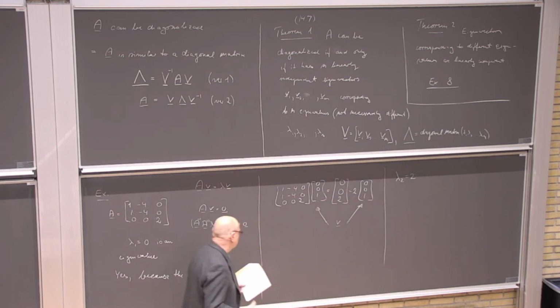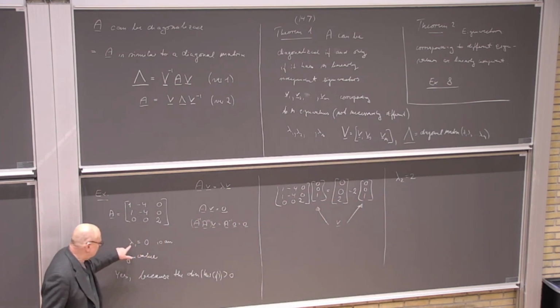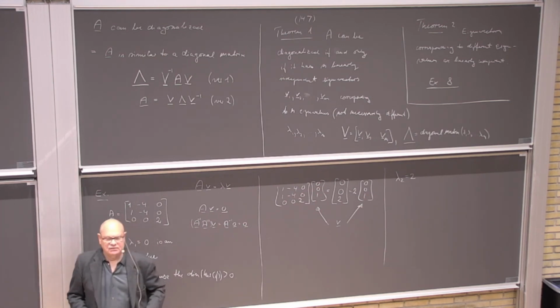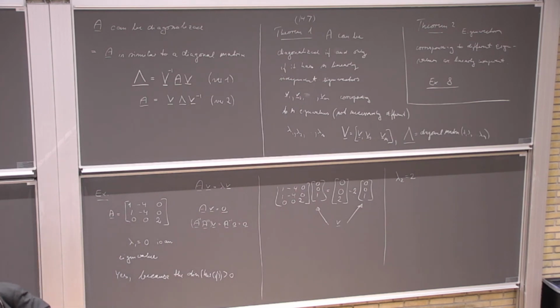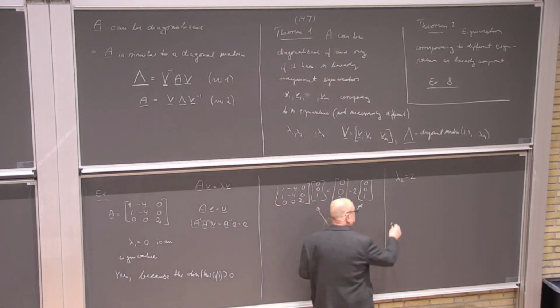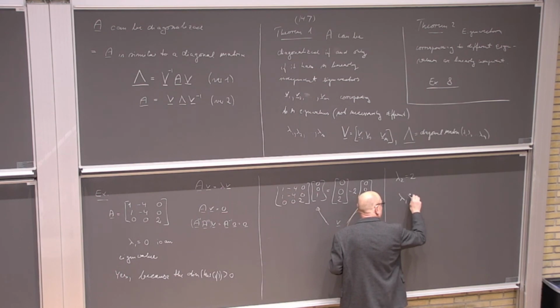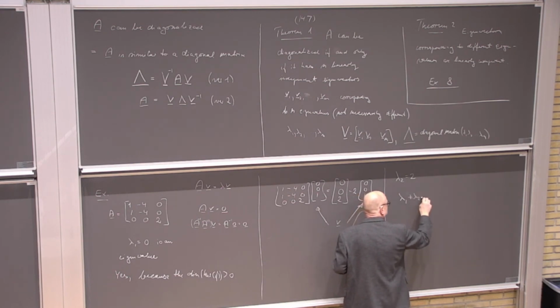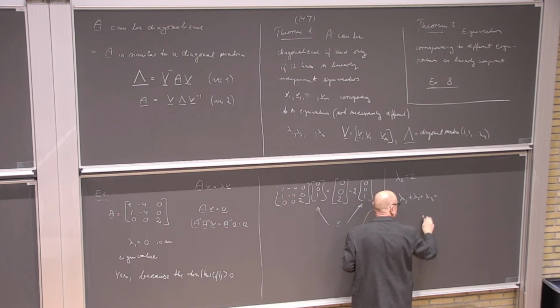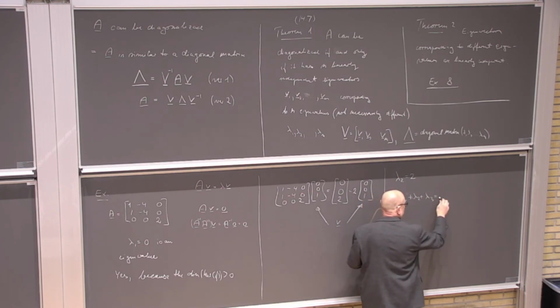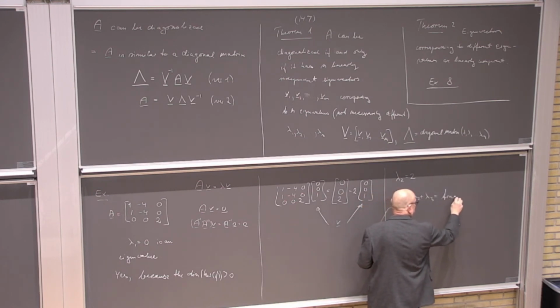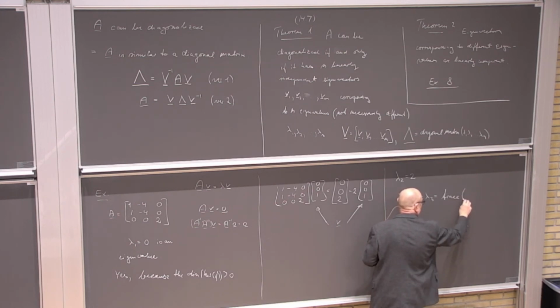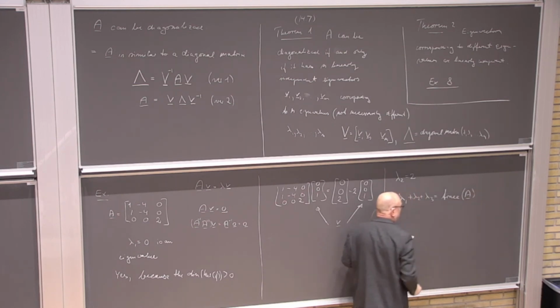So I have two eigenvalues. Now I'm going to tell you, yes, it is a sentence, but lambda 1 plus lambda 2 plus lambda 3 is equal to the trace of A. Now, what is the trace?